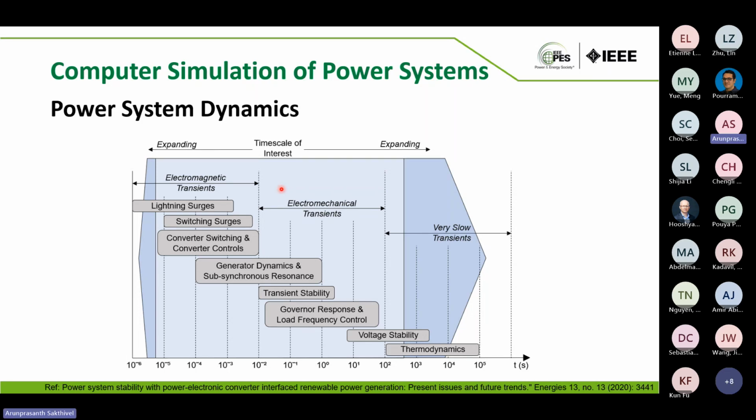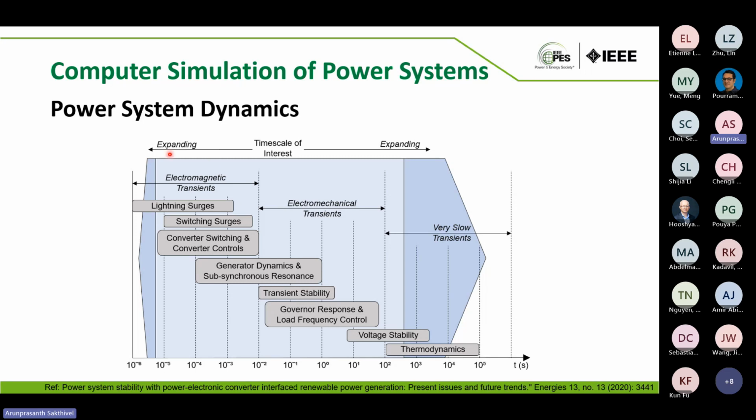But with inverter-based generation being added everywhere in the power system, we are moving more and more towards the electromagnetic transient range, where we can look at the time scale of switching surges, converter switching, converter controls and so on. But not only that, the time scale of interest keeps on expanding, because we are seeing more and more high frequency switching devices such as electric vehicles and so on.